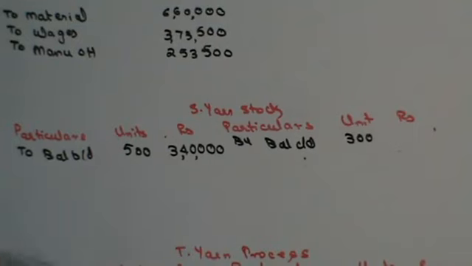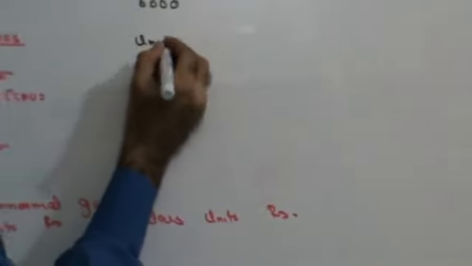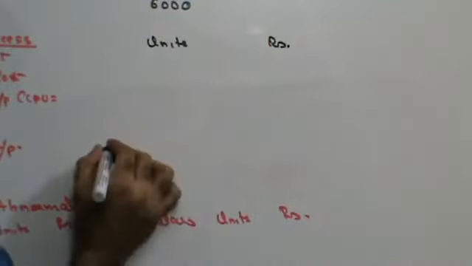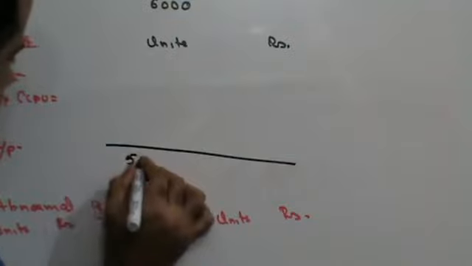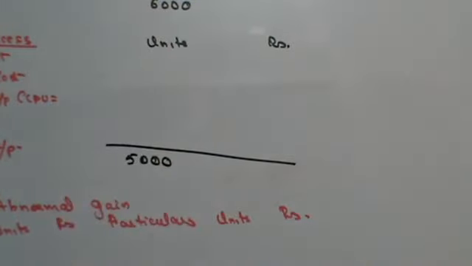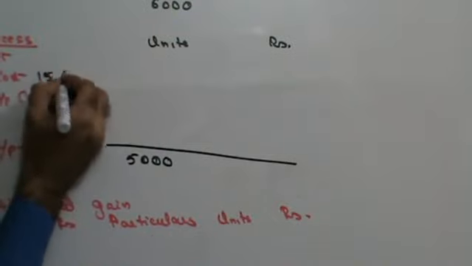Now let us move to TY process. First let's see the working note. Units, rupees. They've given you that actual output is 5,000, and normal loss is given to you as 15%.